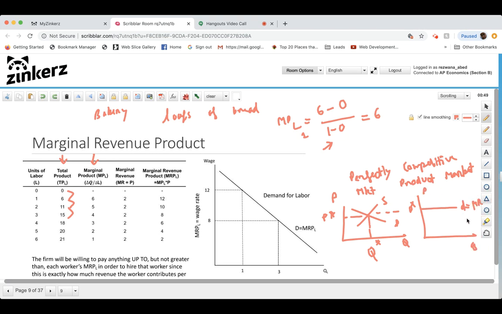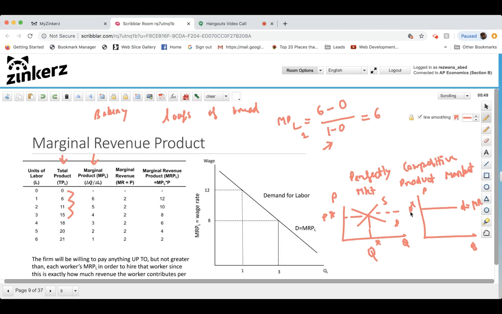Remember, firms here are price takers. In a perfectly competitive product market, they have to accept the market price as given, because this price is constant, it's fixed.